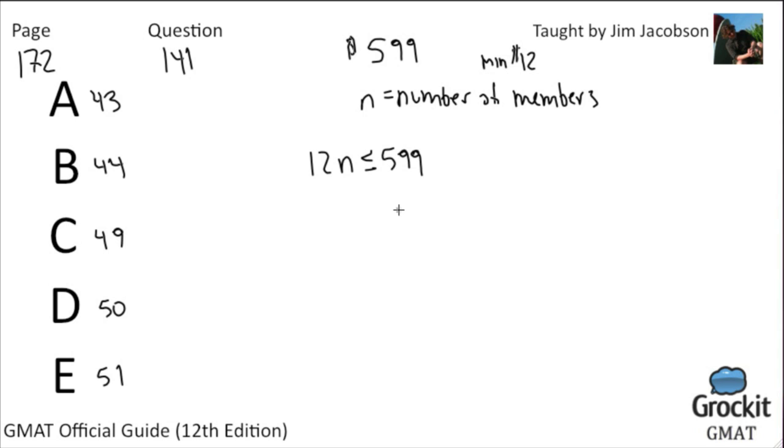Now it doesn't look like $599 is going to be evenly divisible by 12, so that means that at least one member will have contributed an odd number of dollars, but we still want N to be the largest number possible. So we just divide $599 by 12. Four times 12 is 48. 119.